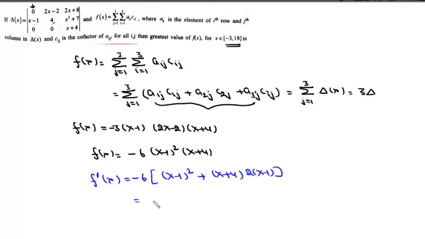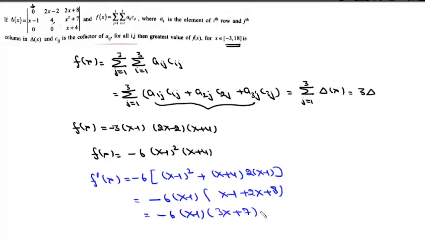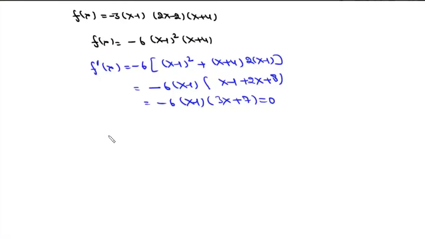Now we'll take (x minus 1) common, so it will be minus 6(x minus 1), and here will be (x minus 1) plus 2x plus 8, which is minus 6(x minus 1) into (3x plus 7), and it will be equal to 0. Now here the critical points are 1 and minus 7 by 3.